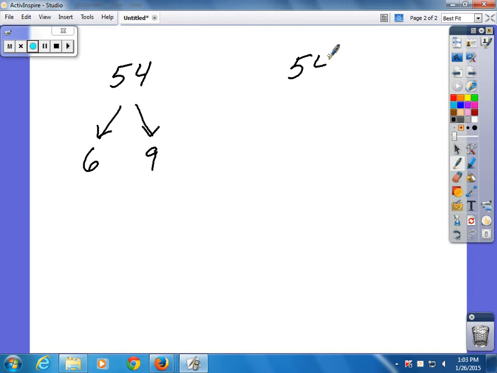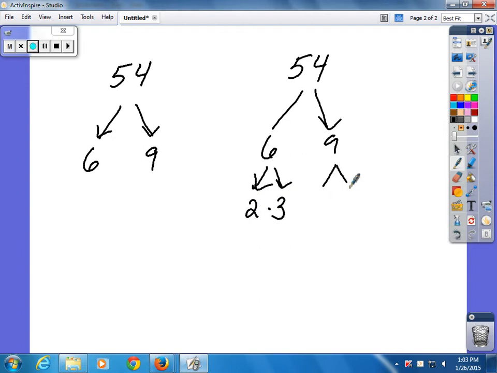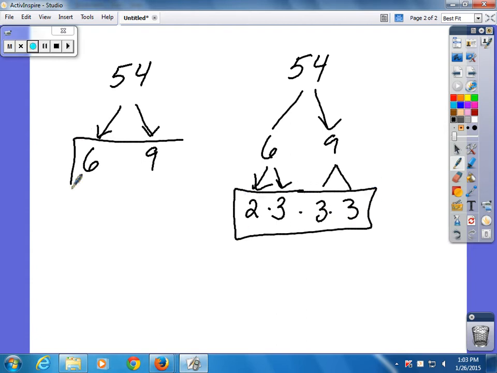Prime factorization is when you do 6 times 9, and then you break down the 6 to 2 times 3, and break down the 9 to 3 times 3. This is called factoring, and this is called prime factoring.